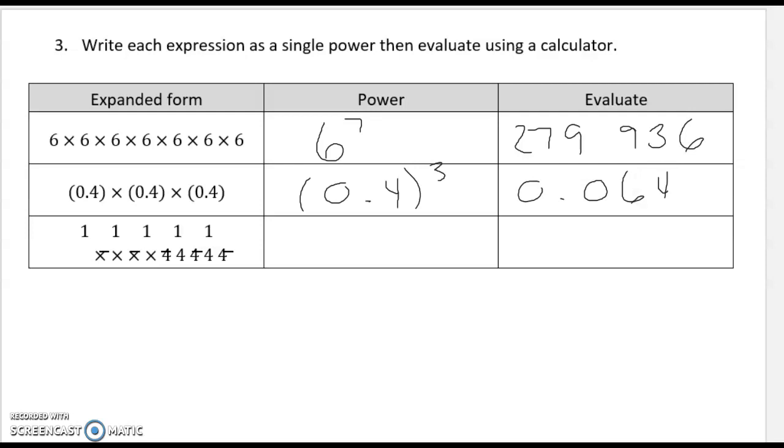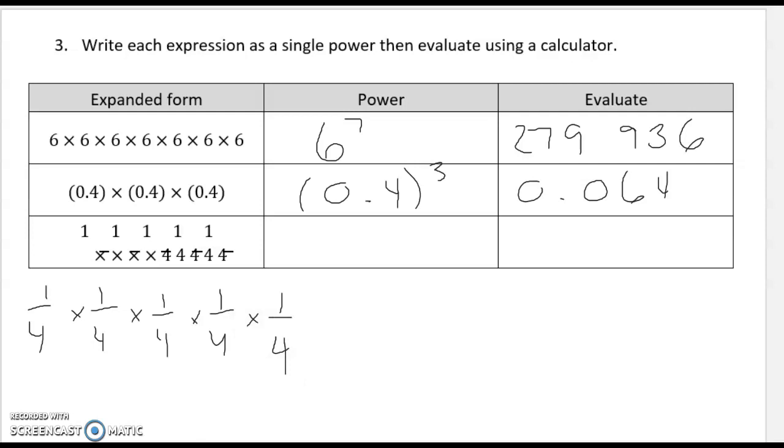Next one, this one looks a little weird. So it should have been 1/4 times 1/4 times 1/4. So 1, 2, 3, 4, 5 times. Gotta love technology. Okay, so that's what it should have looked like.